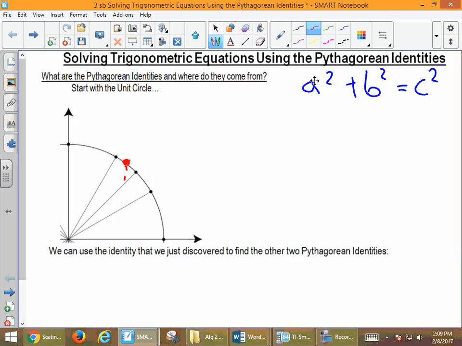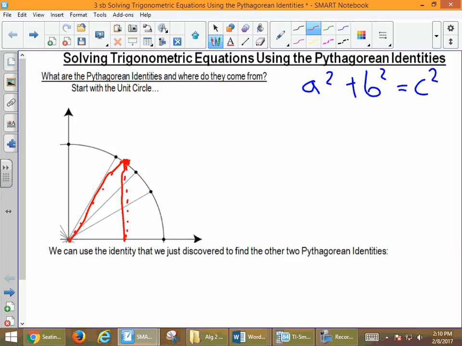So if you remember, when we started out with the unit circle, we first started using those special right triangles. And we made our unit circle, or we got our values on a unit circle from these triangles. And my triangle looks kind of bad, but I'm sure yours looks better.